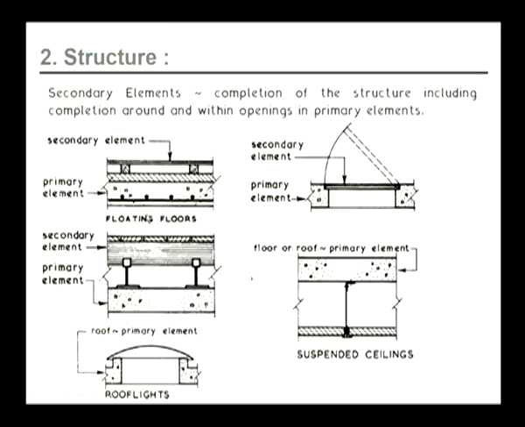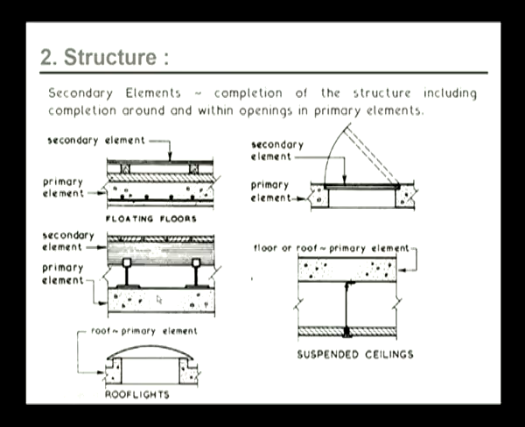For example, floating floors. We see this floor slab, this is a primary element, and we see this floor finish that is coming above the floor slab, that is called as a secondary element. This is a roof. This is another example of a floating floor. So this is a primary element and this is a secondary element.